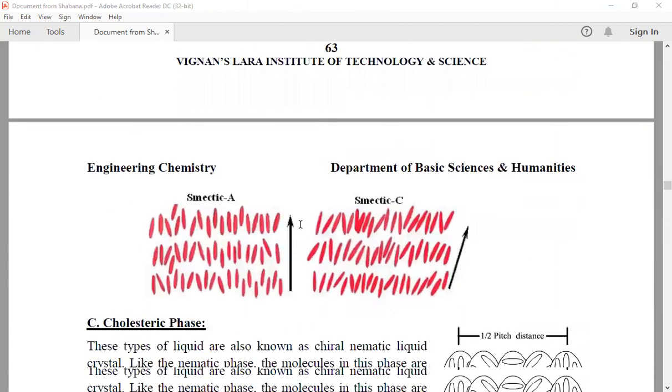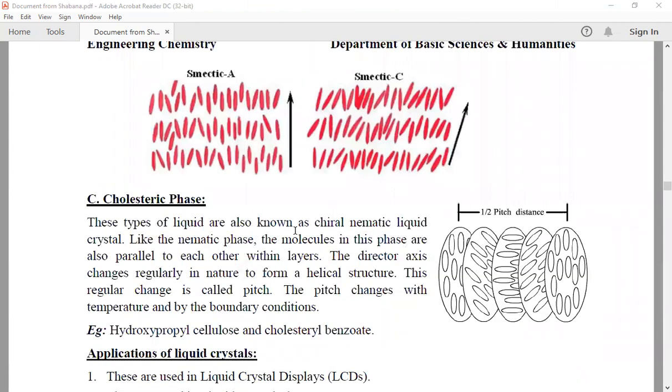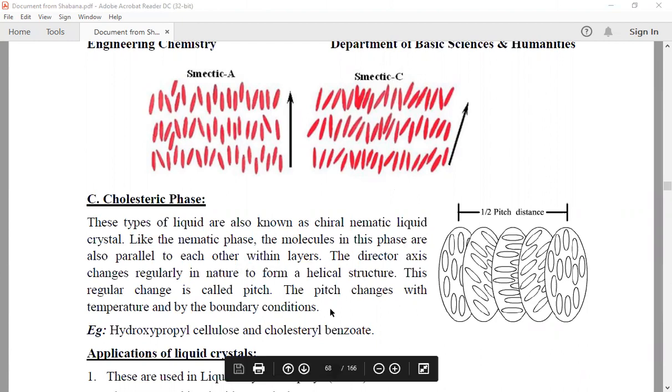Whereas in smectic B, the direction is perpendicular to the smectic plane, with the molecules arranging themselves into a network of hexagons within the layer.